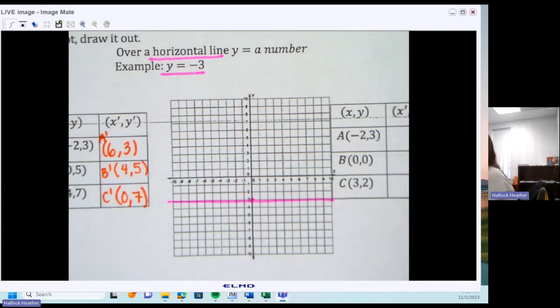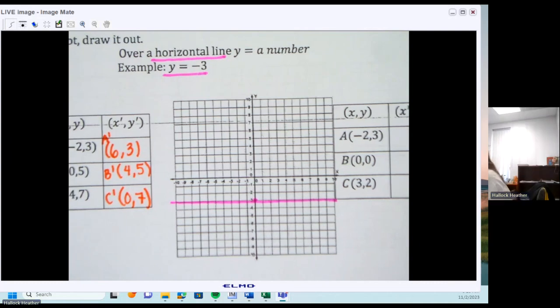We're going to start by plotting the original points. And then I want you to take a second and try to figure out where your new points are going to be based on the counting method.